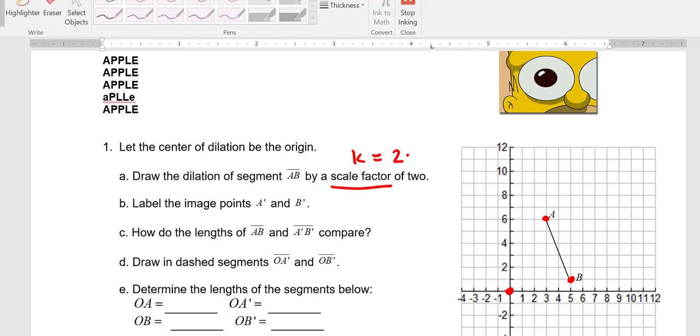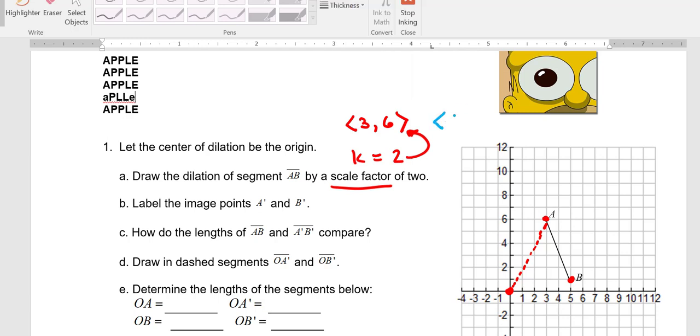So the image points A and B can be found by figuring out how far it is to get from here to here. We're going to use some vector notation that indicates that it's going 3 in the x direction and 6 in the y direction away from the origin. Now if I apply a scale factor of 2 to this, all I'm going to do is multiply both those numbers by 2.